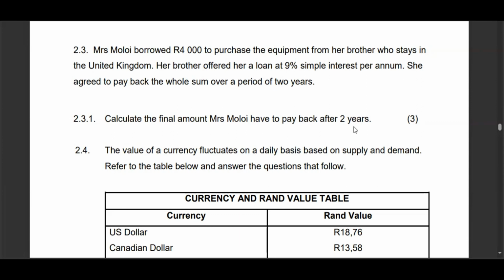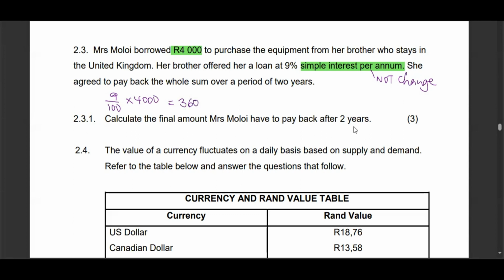Now, this is simple interest per annum. How much is borrowed? 4,000. Remember very well, simple interest does not change. So first and foremost you look for the interest itself, which will be 9/100 times the money. And the interest, you have it as 360.